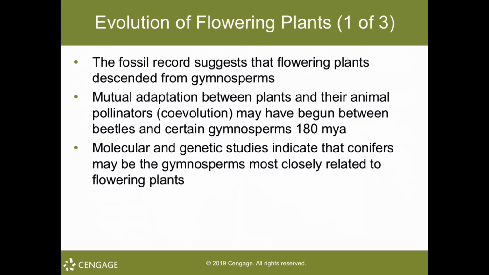The ovules are not enclosed, but nearly enclosed. The beetles were visiting those plants, and it's been suggested that that relationship was the beginning of that coevolution, meaning that mutual adaptation between plants and their animal pollinators. It's so amazing. Genetic studies and molecular analyses indicate that conifers may be the gymnosperms most closely related to the flowering plants.